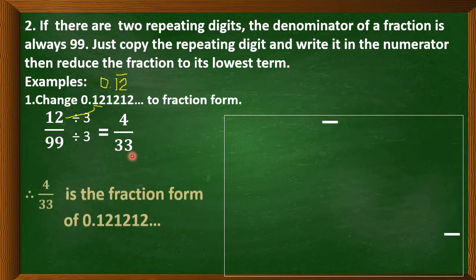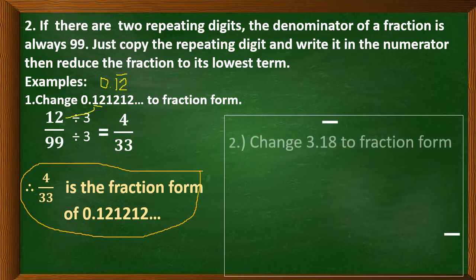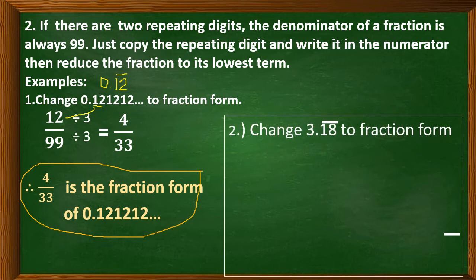Therefore, 4 over 33 is the fraction form of 0.121212 repeating. Now let's have another example. This time we also have a whole number.